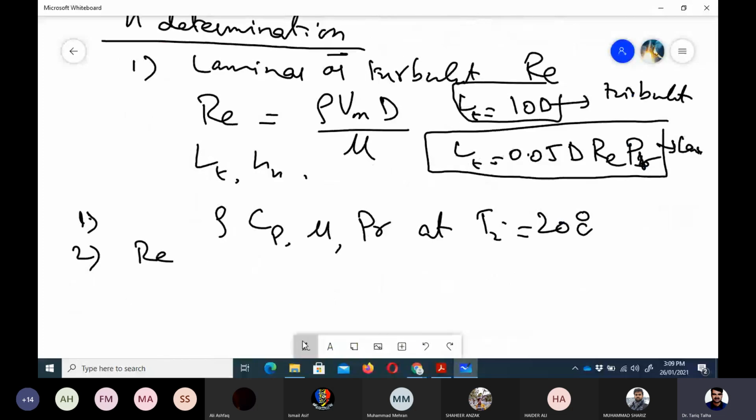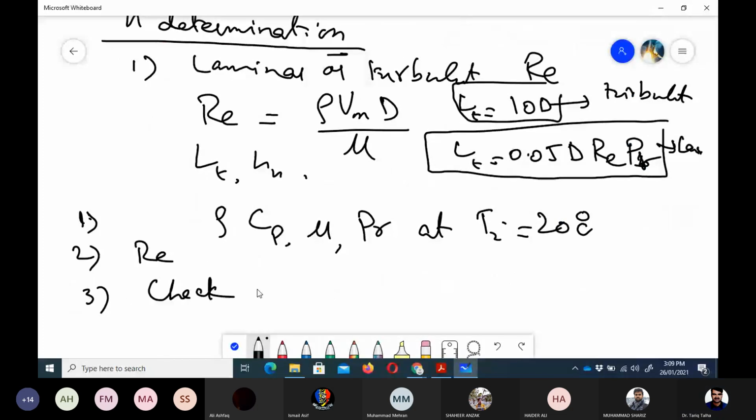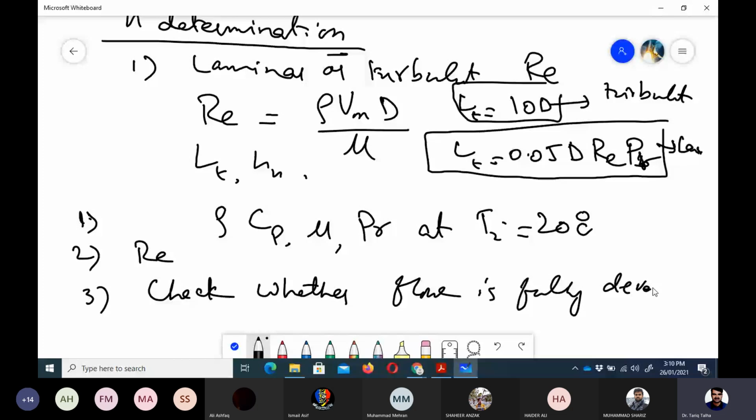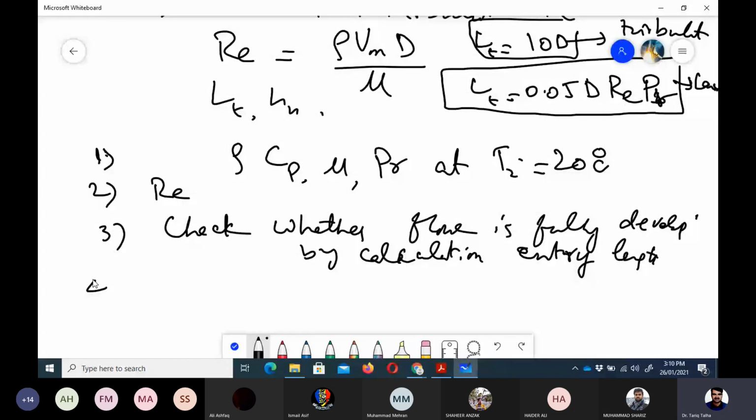Third step, check whether flow is fully developed by calculating the entry length, thermal entry length, and then after that we can get the Nusselt number from the relevant correlation.